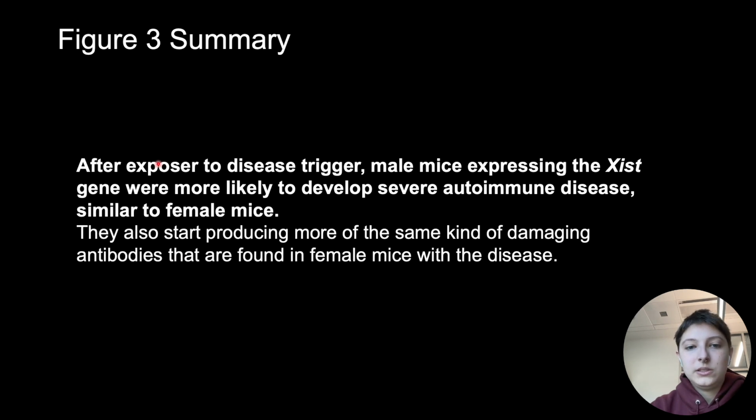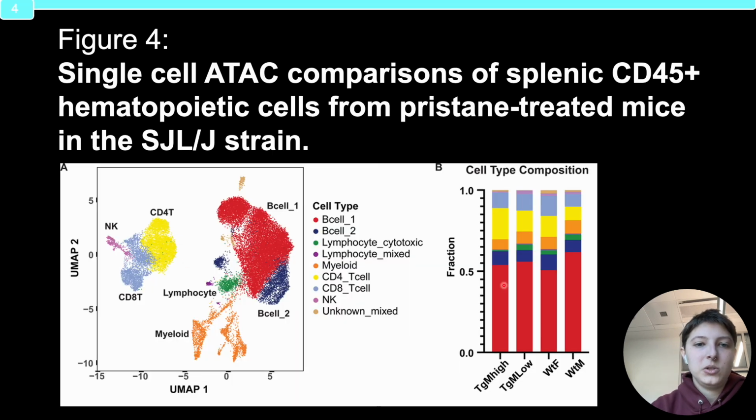And so not only do their pathology scores or severity match up, but the types of antibodies that they're producing are also similar. And figure 4 is looking at ATAC-seq comparisons again. So here we're looking at the spleen CD45 plus cells or blood cells from these induced mice, this pristane treated mice in the immune deficient strain.